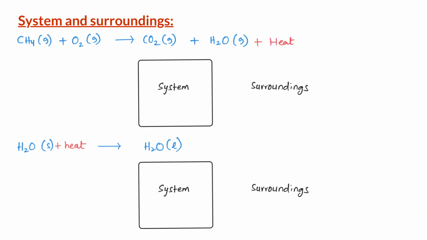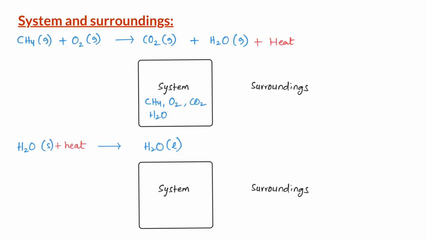Let us now go back to the two examples that we discussed and identify the system and surroundings in them. In reaction 1, the reactants and products of the reaction are the system, that is, methane, oxygen, carbon dioxide, and water constitute the system. Everything else in the universe, except the reactants and products, is surroundings.